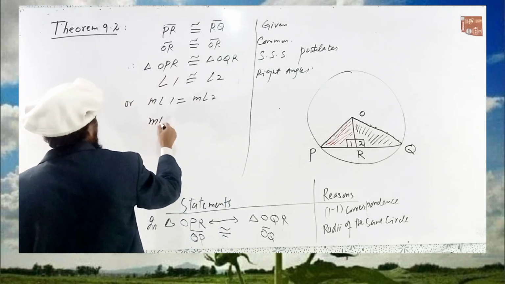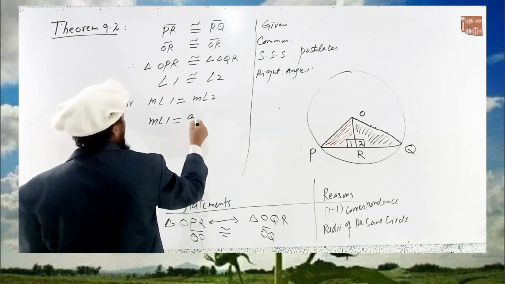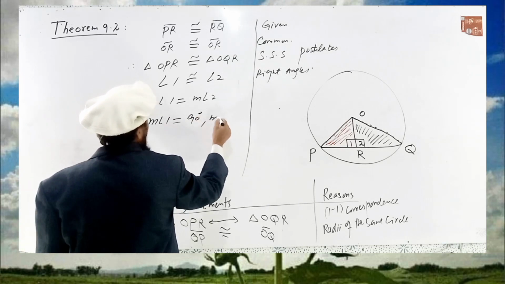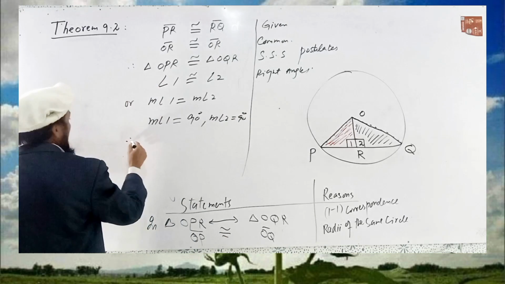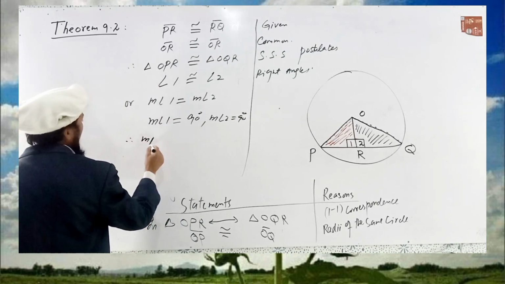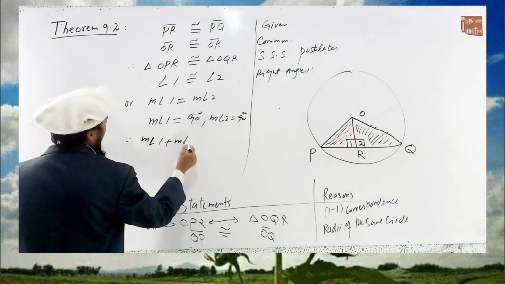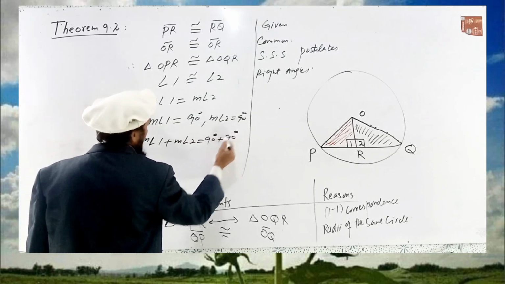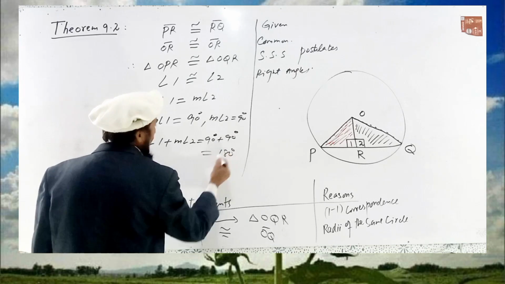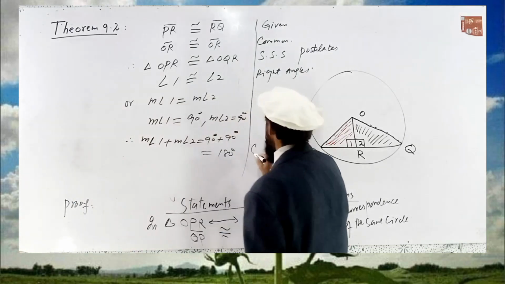So measure of angle 1 is equal to 90 degrees. Similarly, measure of angle 2 is also 90 degrees. So angle 1 plus angle 2 is equal to 90 plus 90, we get 180 degrees, supplementary angles.